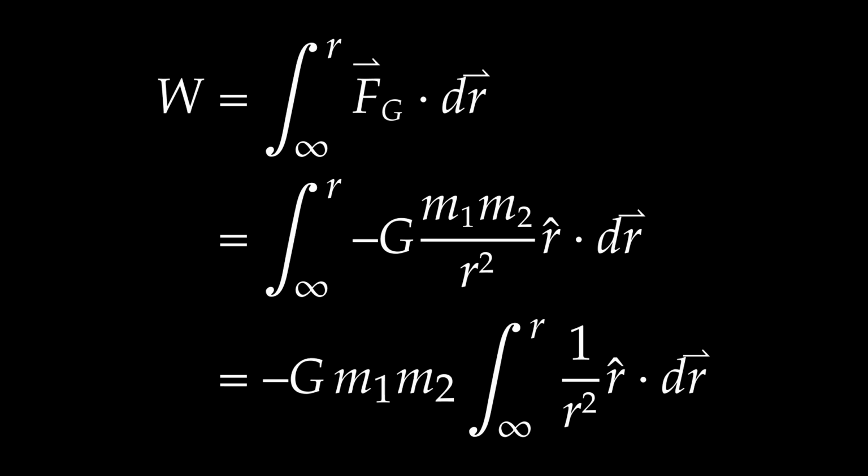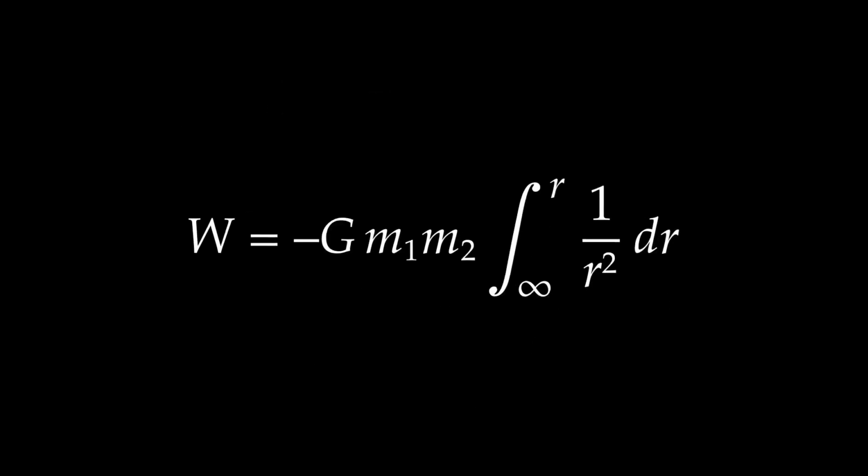And so, having completed the dot product, I'll write this as the negative of the integral of G m1 m2 over r squared dr. I should have brought those constants out of the integral. It's no longer a vector integral; it's a scalar integral. Those constants can come out, so it's negative G m1 m2 times the integral of 1 over r squared dr.